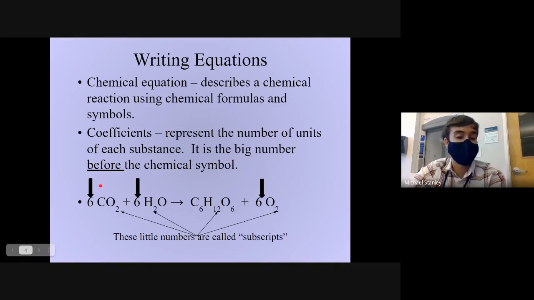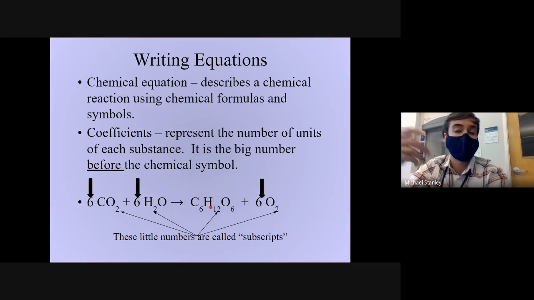So coefficients are these big numbers that tell us how many of a certain molecule are in this overall reaction. And the subscripts, the little numbers down here, just tell us, in a carbon dioxide, how many oxygens do we have? How many hydrogens do we have in this glucose molecule?